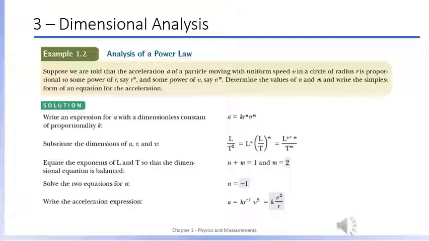So the exponent of L should be the same. L to power 1 equals L to power n plus m. So 1 equals n plus m. And the exponent of T should also be the same. So T squared equals T to power m. So m equals 2.